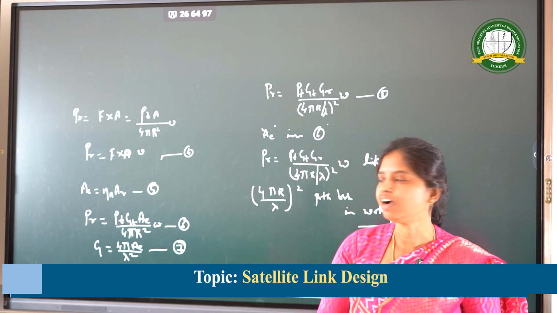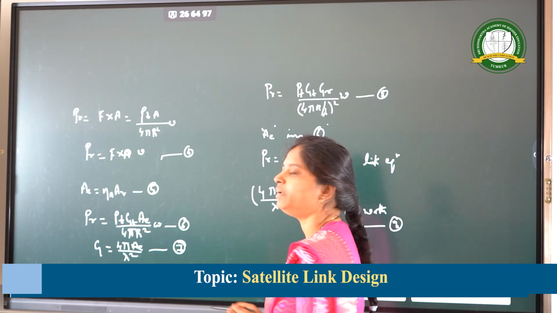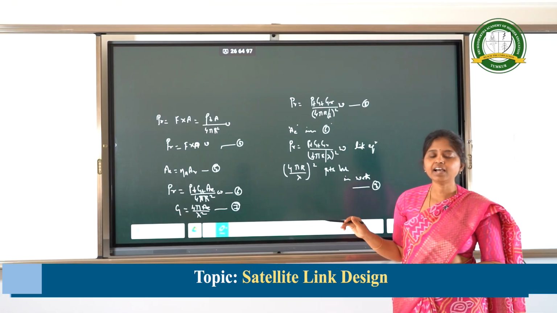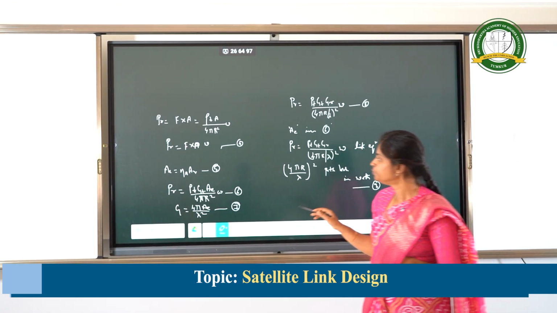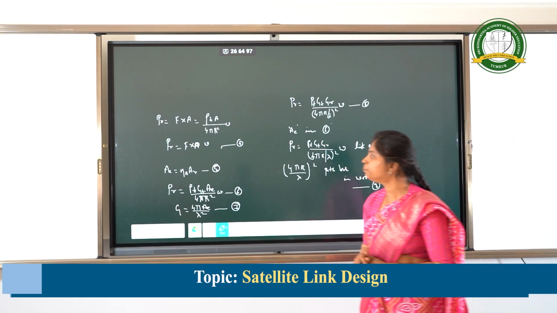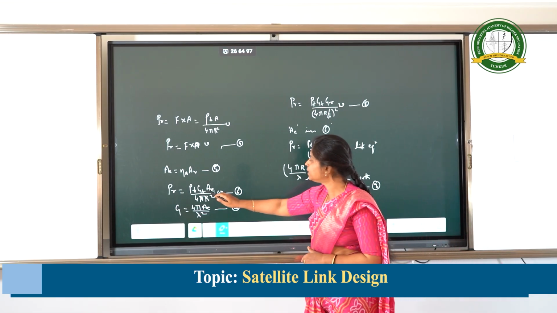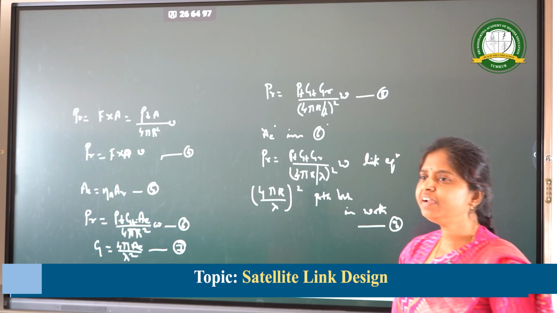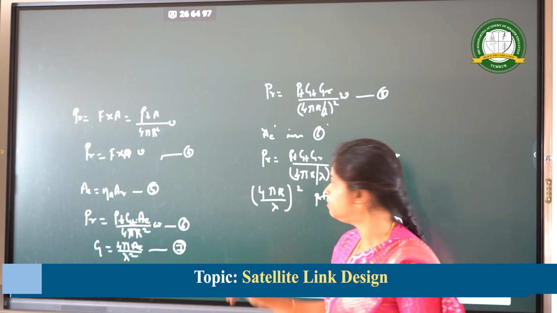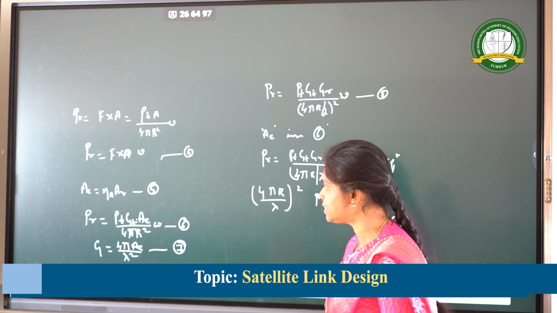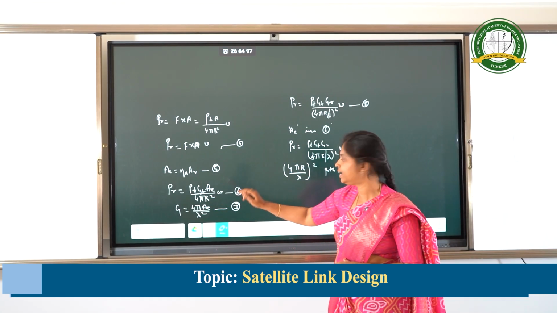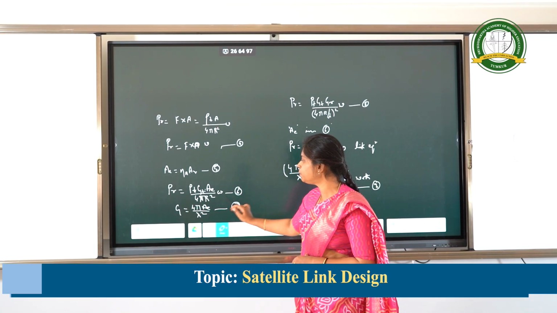The effective area will be equal to the aperture efficiency into the area at the receiving end. So the power received will become PTGT into AE divided by 4 pi r square, in watts. This PTGT is nothing but effective isotropic radiated power.